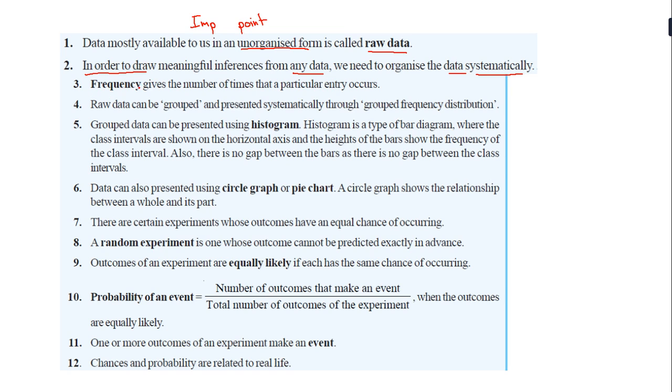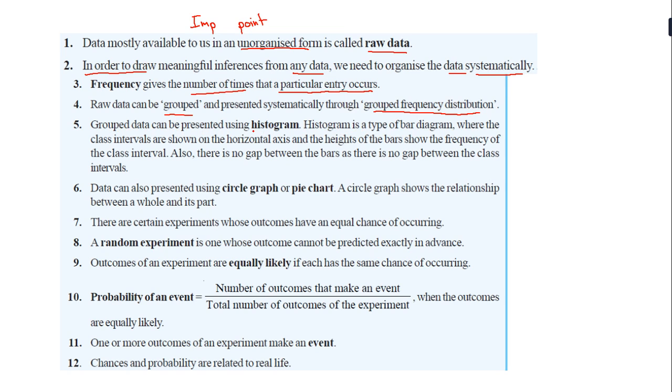Frequency gives the number of times that a particular entry occurs. Raw data can be grouped and presented systematically through a grouped frequency distribution table.